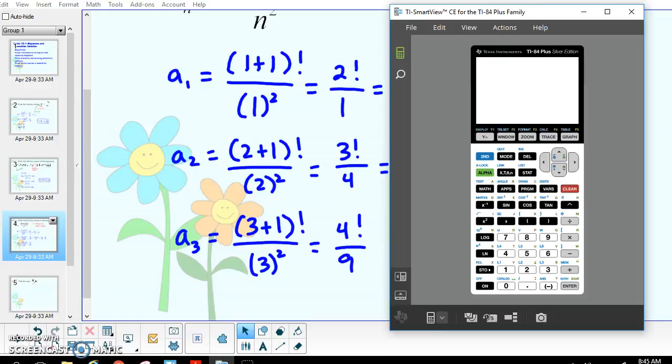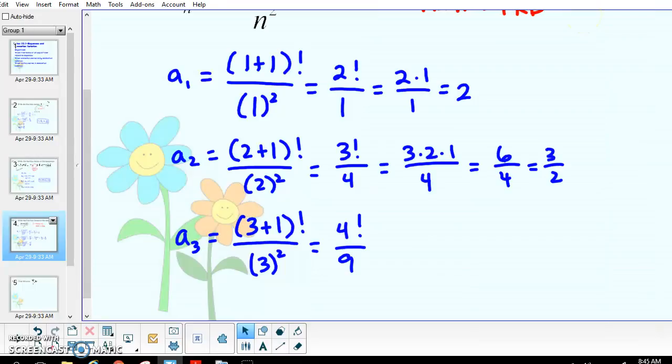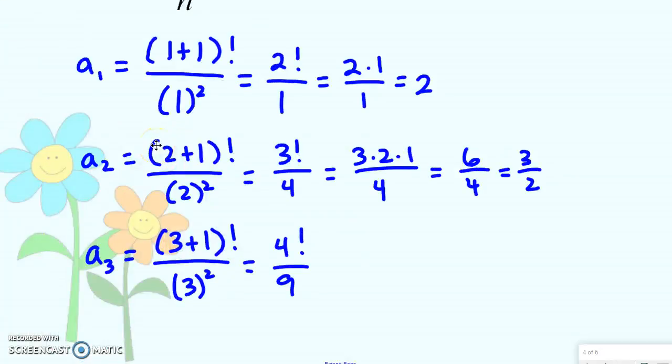You go to Math, and then over to PRB, and then it's number 4. So I have to type in 4 first, and then I go over to PRB number 4. 4 factorial is 24. Okay, so this is 24 over 9, which reduces to 8 over 3.